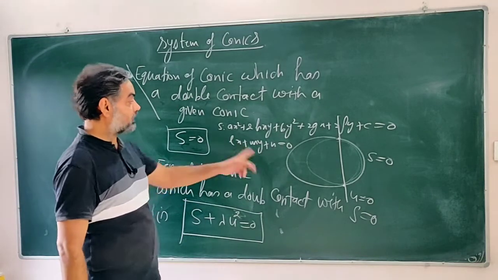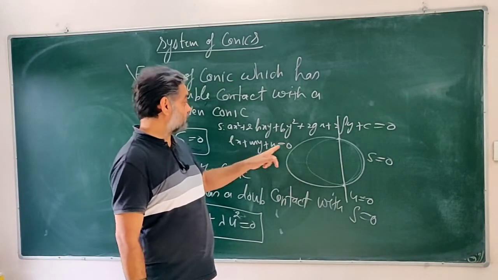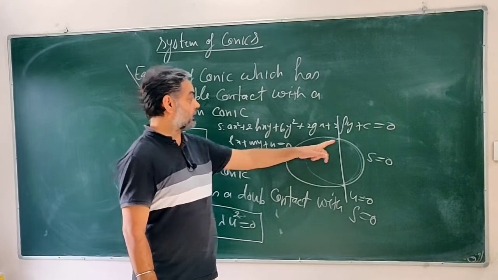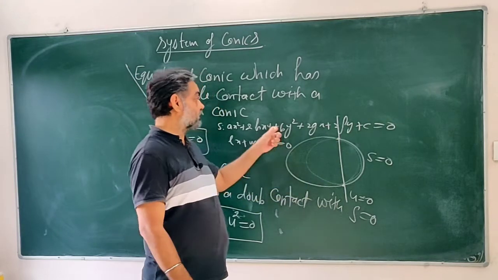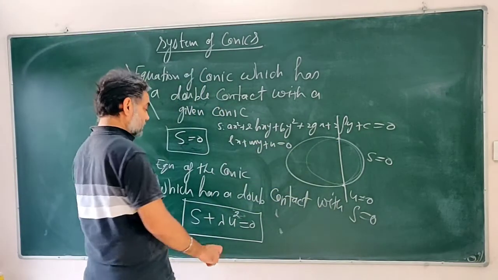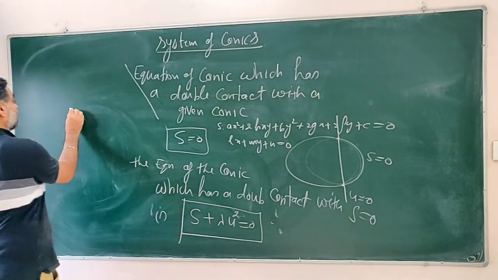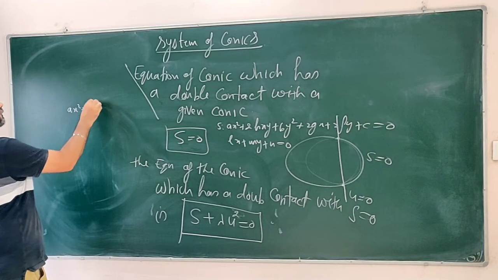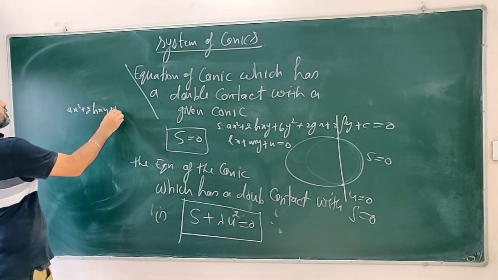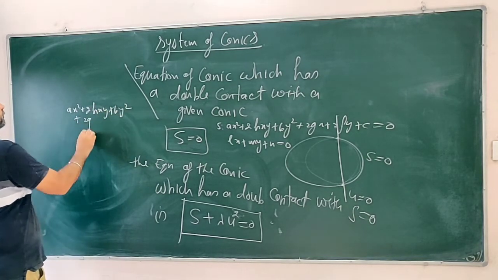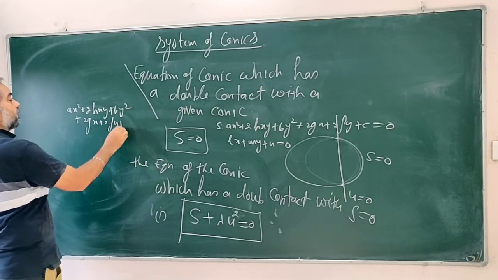Then the equation of any conic which has a double contact with this conic at the 2 points where this line cuts this conic is given by ax square plus 2hxy plus by square plus 2gx plus 2fy plus c.